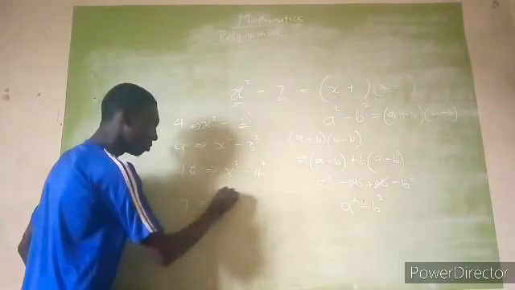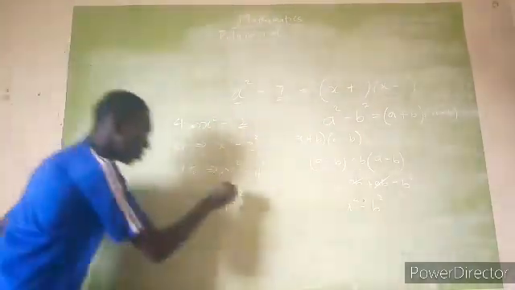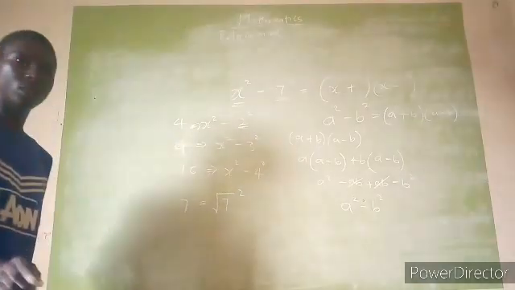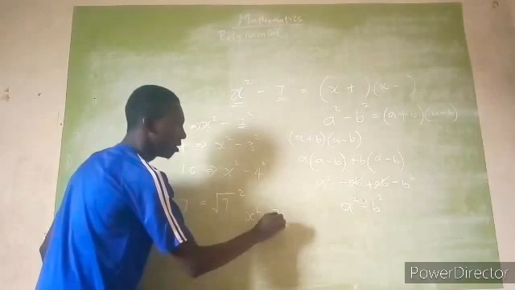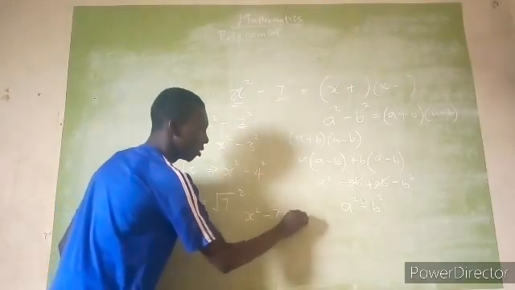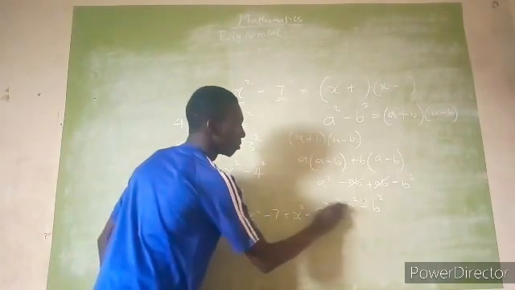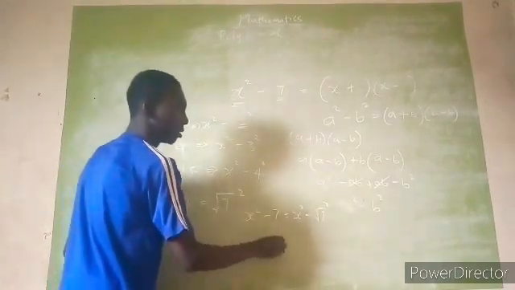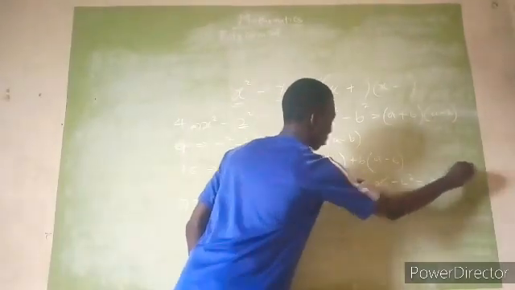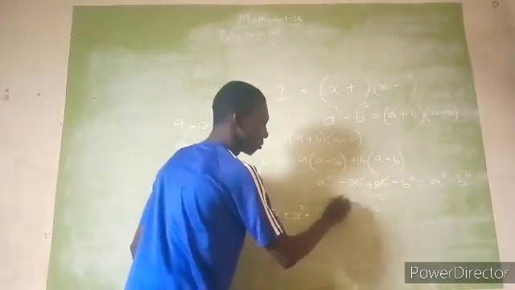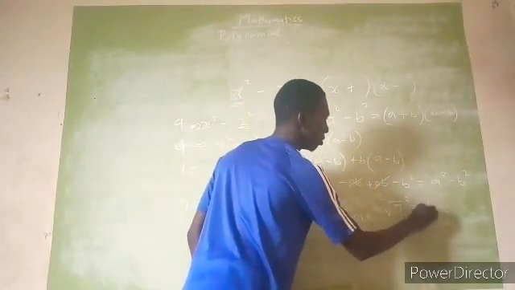How about saying root 7 squared? Is it not equal to 7? It is, and it is also a perfect square. So you can deduce that x squared minus 7 is equal to x squared minus root 7 squared, since root 7 squared is equal to 7.